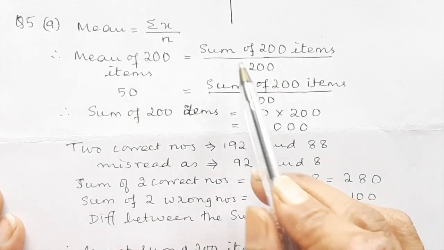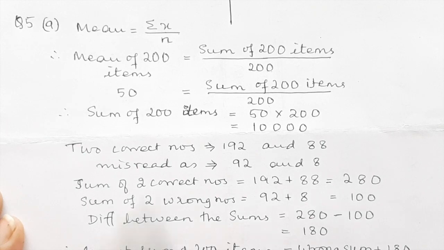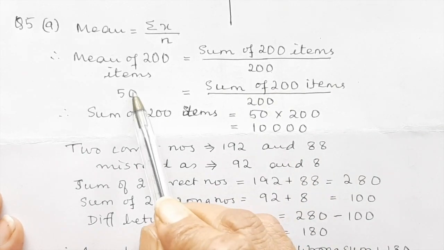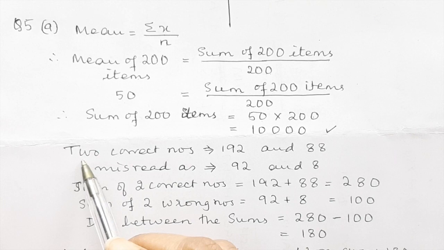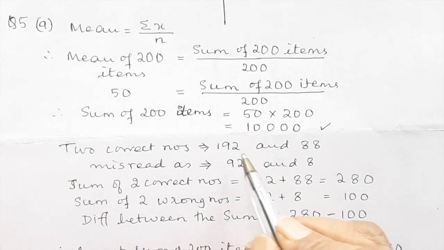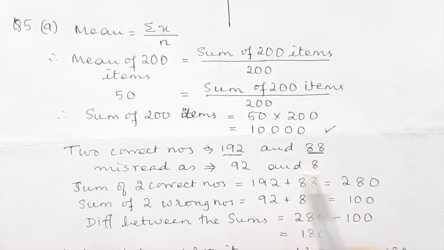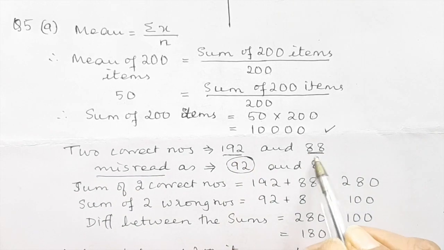So 50 will be equal to the sum of 200 items upon 200. So this sum of 200 items will be this into this, that is 10,000. So we understood up to here. Now it was told to us that 2 correct numbers were 192 and 88, but they were misread as 92 and 8.